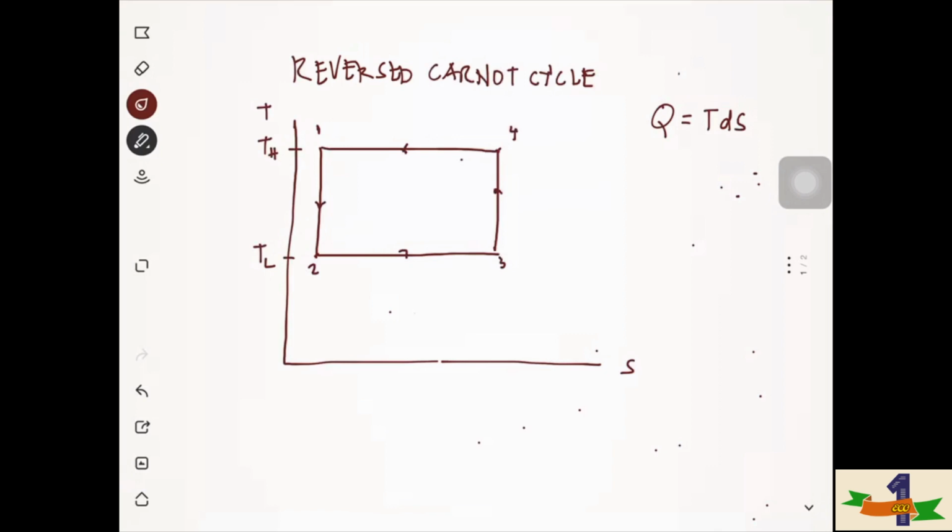Okay, so we have here a straight line by that. So this TL here, this is our QL, and from here to 1, that is our QH.